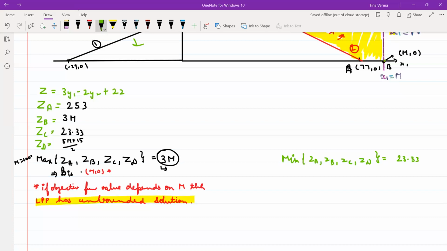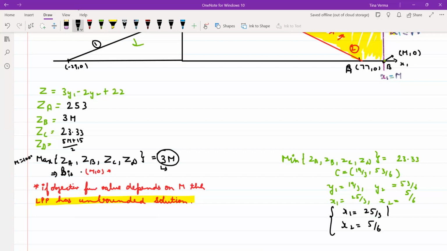This value does not depend on m, and corresponds to point C. Point C is 19/3 and 53/6, which says y1 is 19/3 and y2 is 53/6. Then x1 will be 25/3, and x2, which is y2 minus 8, will be 5/6. So this is the optimal solution.